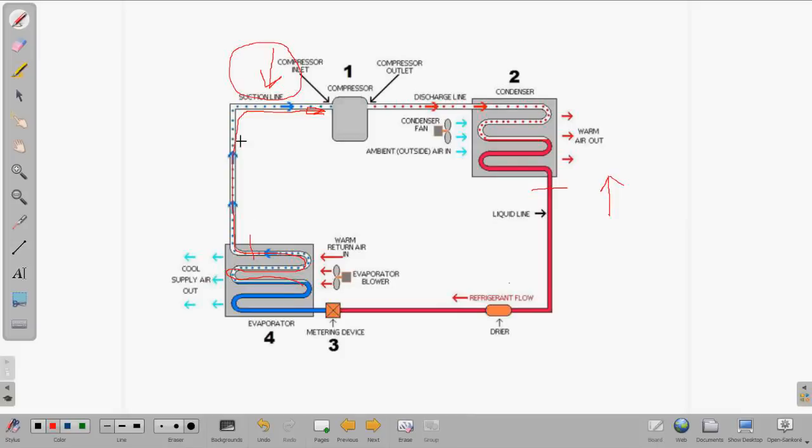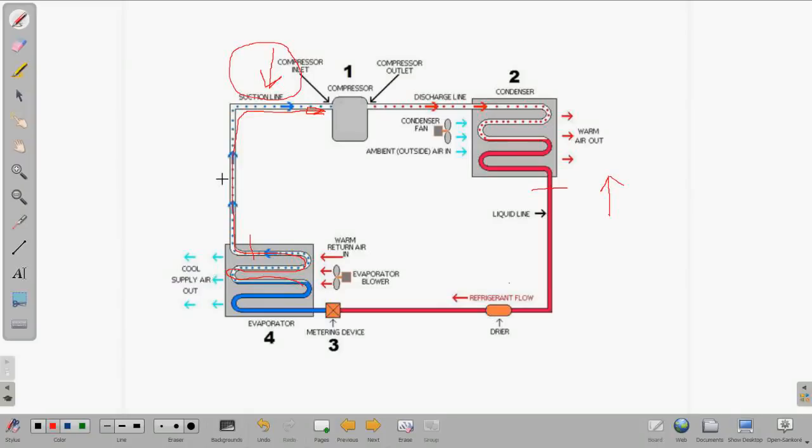But here's where the difference comes in between a dirty evaporator coil and an overcharged system. So again, it goes through that compressor. It comes out as a hot gas and goes into the condensing unit.